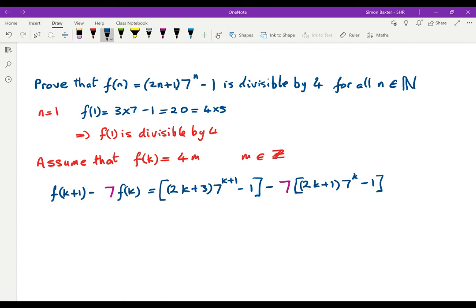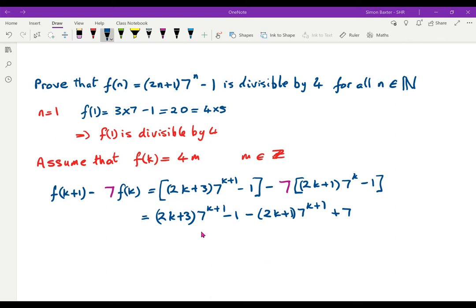Let's have a look at this. This is now (2k plus 3) times 7 to the k plus 1, minus 1, minus (2k plus 1) times 7 times 7 to the k, which is 7 to the k plus 1. Minus 7 times minus 1 is plus 7.